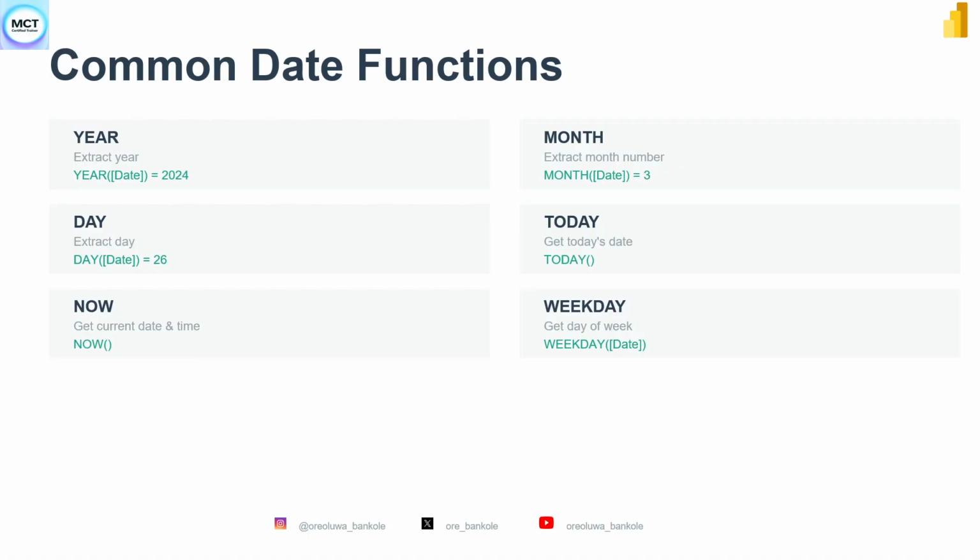Then we have today. Today returns today's date for you. Then we have now. Now gives you the date as well as the time. Then we have weekday. Weekday returns the day of the week. For example, today is Tuesday. Are you following me? These are some of the date functions.